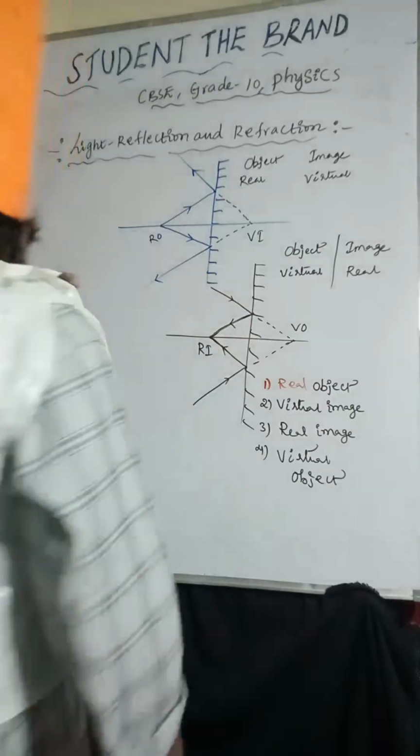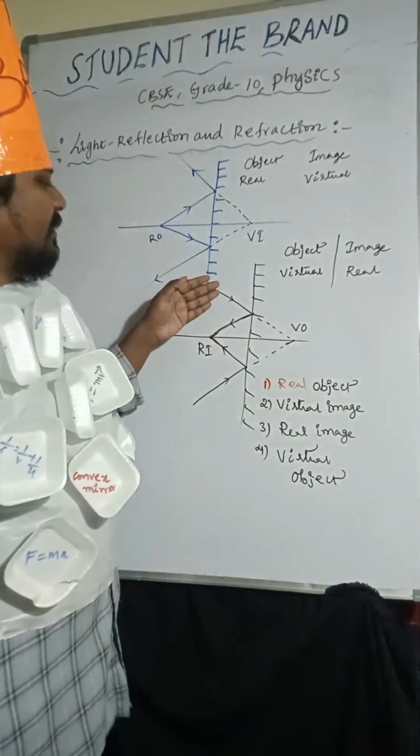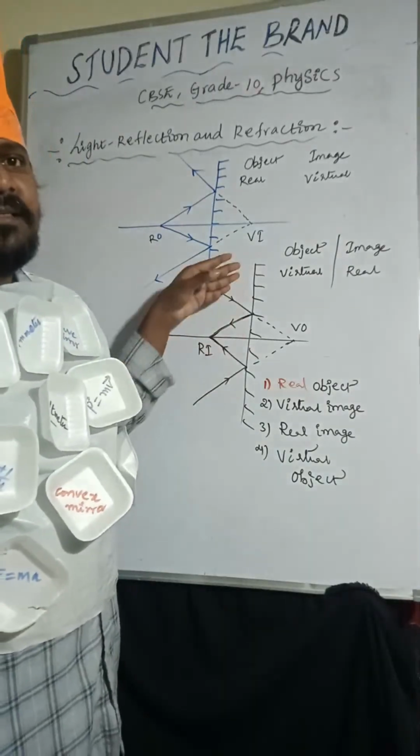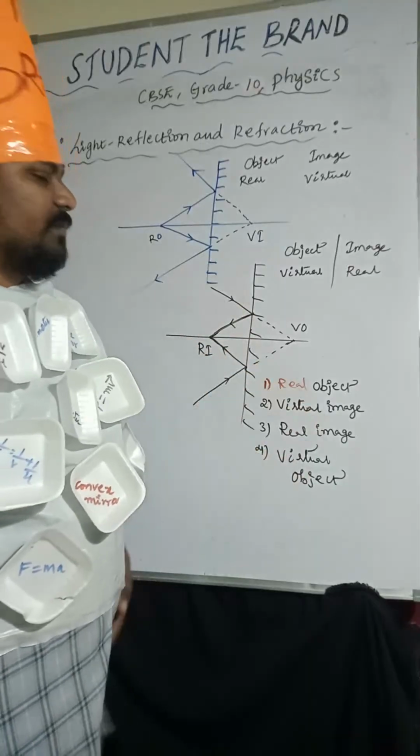The point of intersection of extended incident light rays is called virtual object.